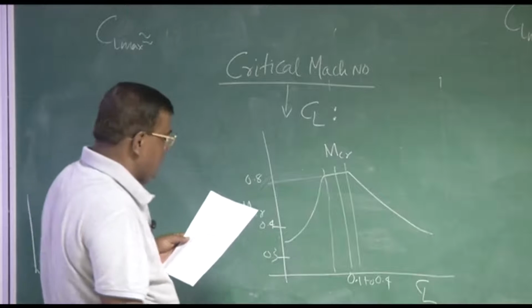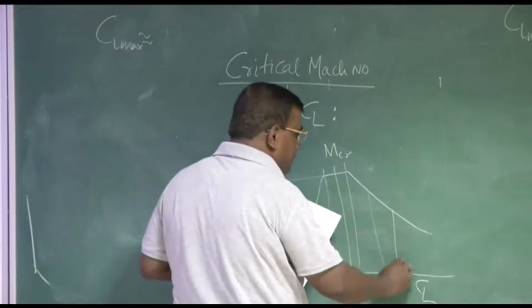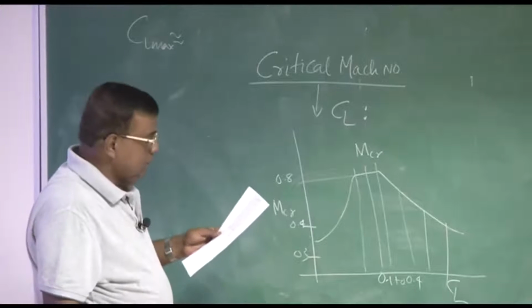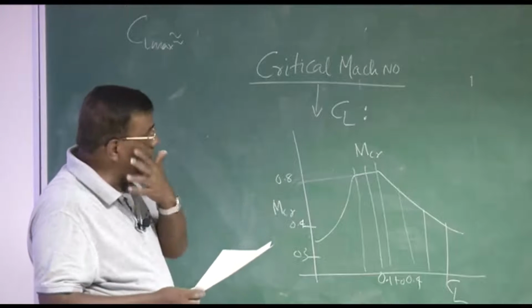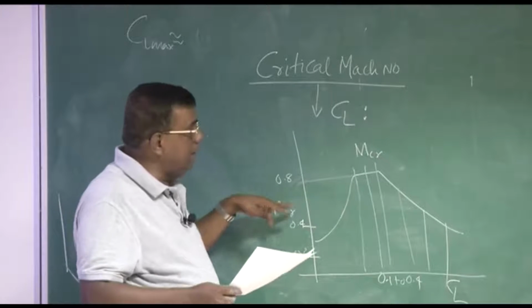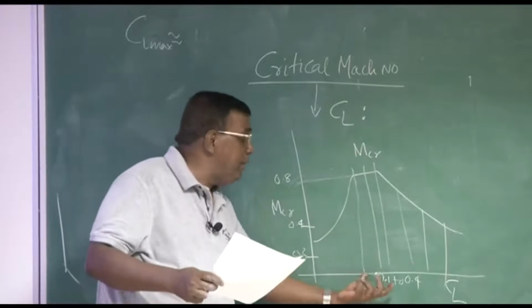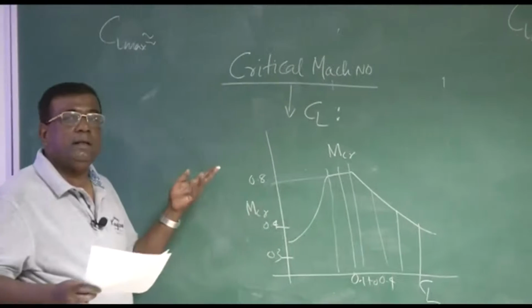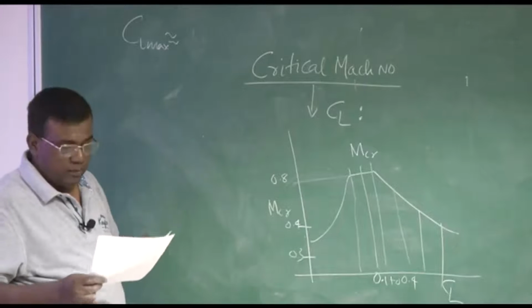As you go to higher CL, there is a huge drop in the critical Mach number. So you understand if you are flying at a higher CL, your critical Mach number is going to reduce. But if you are operating between 0.1 to 0.4, critical Mach number will be maximum at that time, manageable, right? Okay.